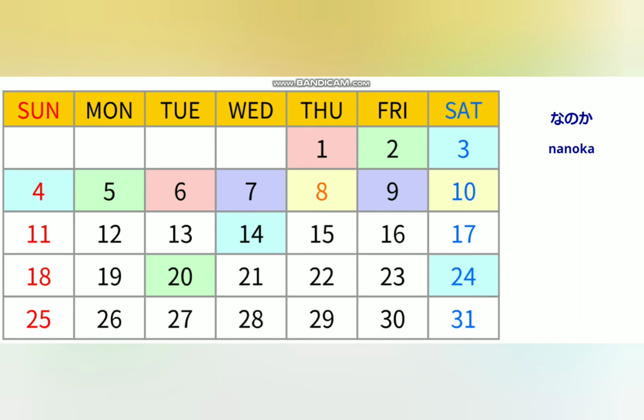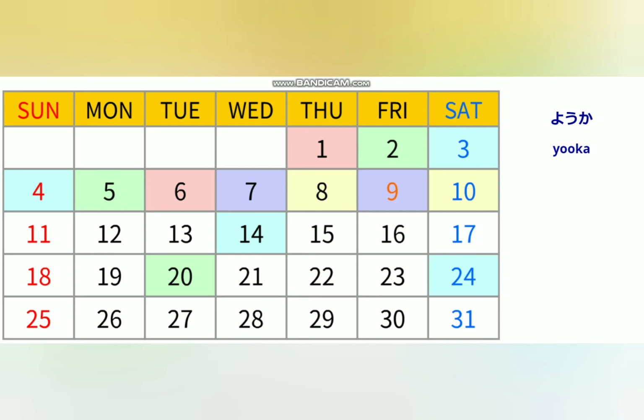The eighth day of the month, 8日, youka. Again, youka. This is very different from the fourth day of the month, which is yokka. Be careful. You don't want to meet someone on the 8th of the month when he said 4th of the month.